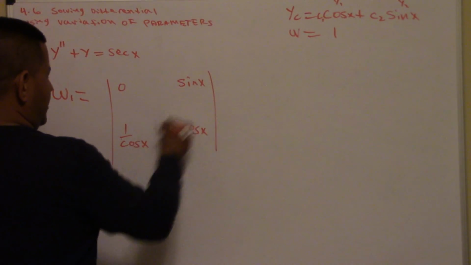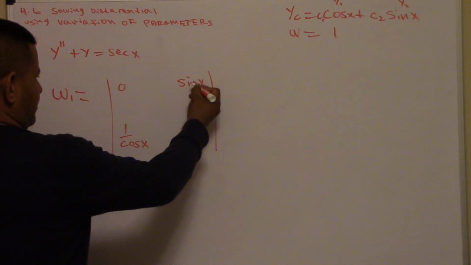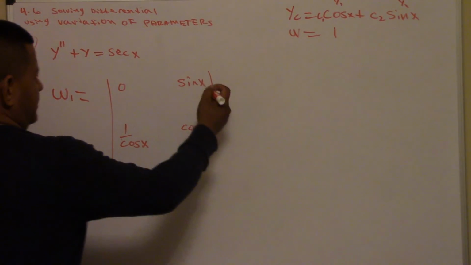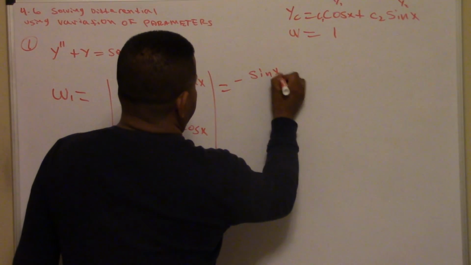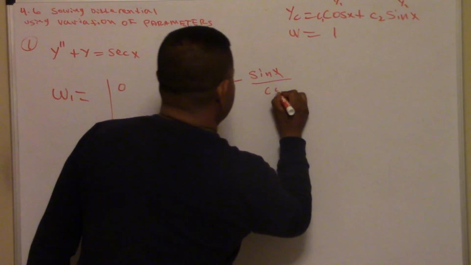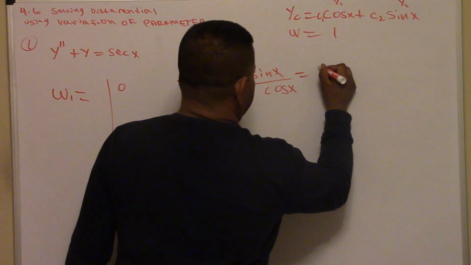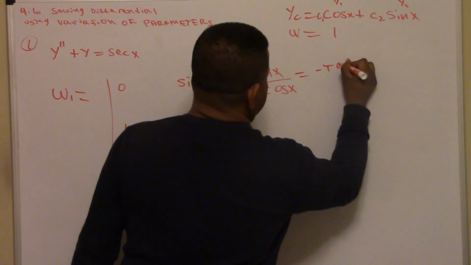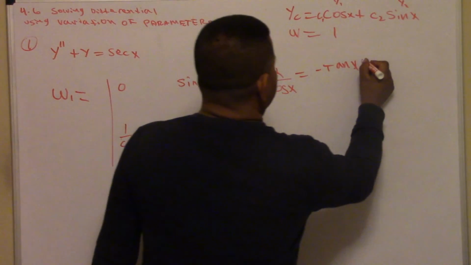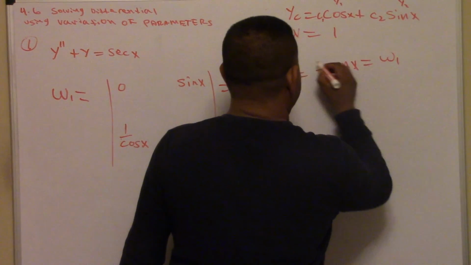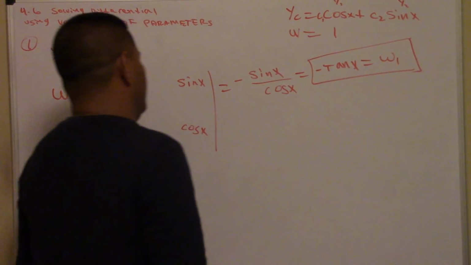But over here, notice that if I subtract this piece right here, I get negative sine of x over cosine of x, which is nothing but negative tangent of x, right? So this is W1.